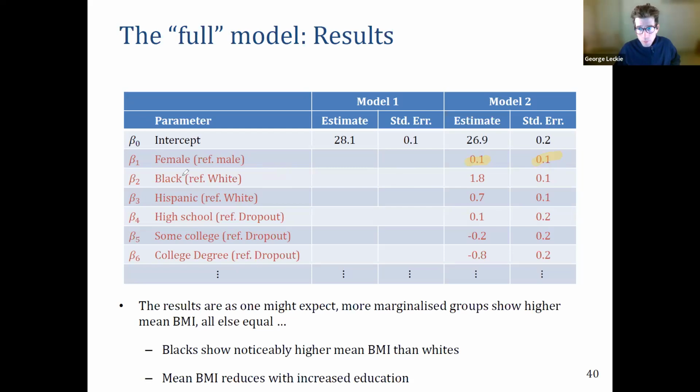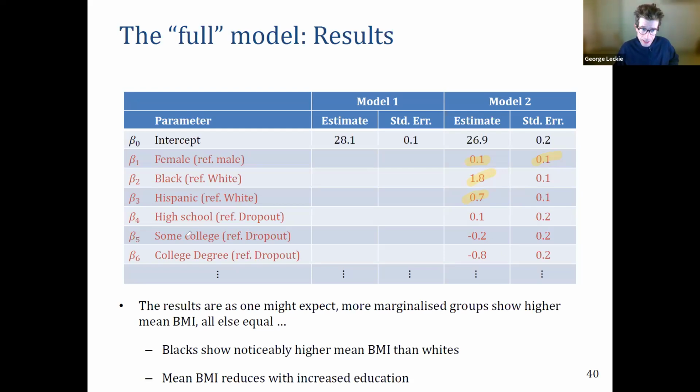But of my 382 strata, those which are black strata are on average, all else equal, seeing an elevation in their mean BMI by 1.8, and that's significant, and that's 1.8 versus whites. Hispanics versus whites, 0.7, so less than half this.